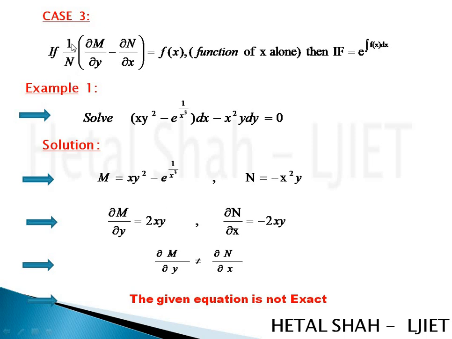In case 4 we divide 1 by M and in case 3 we divide 1 by N. It is easy to divide by N because N has only one term and M has two terms. So this case is appropriate for this problem.